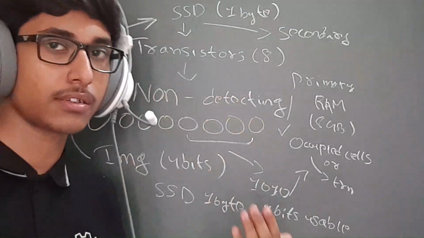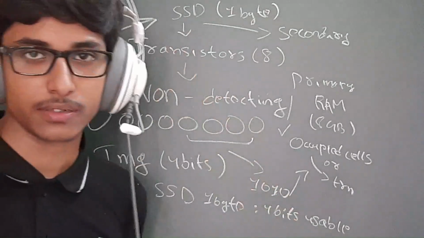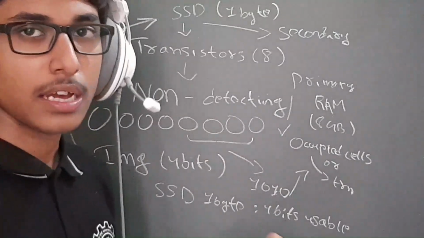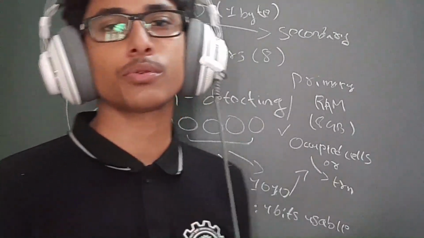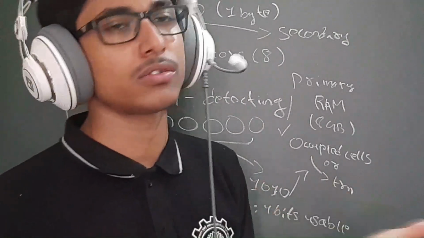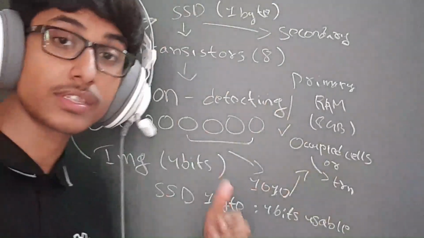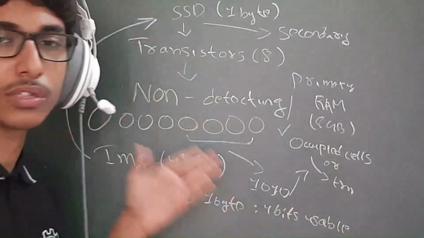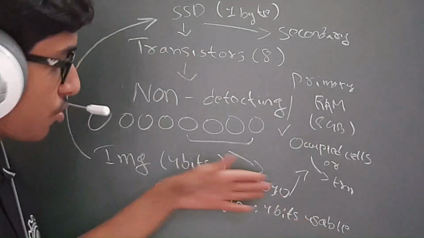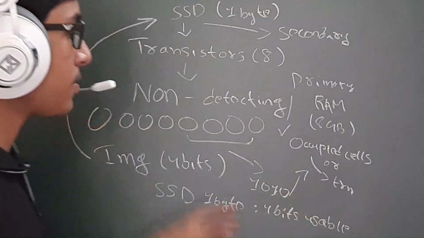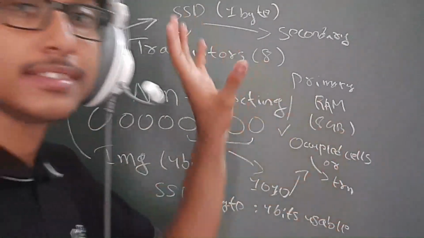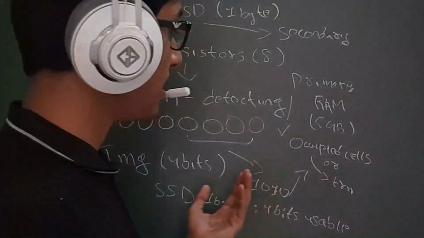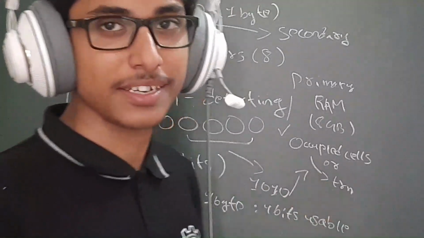They are non-detecting transistors. 4 transistors are non-detecting. Empty space. If your computer has lots of storage, then you will say there are lots of occupied transistors, because that particularly means that those transistors are being used to store data. And if the transistors are occupied, you call it that the space is occupied, right?